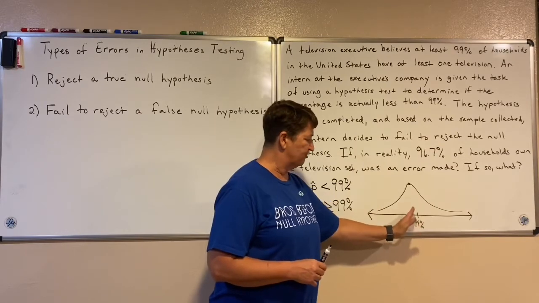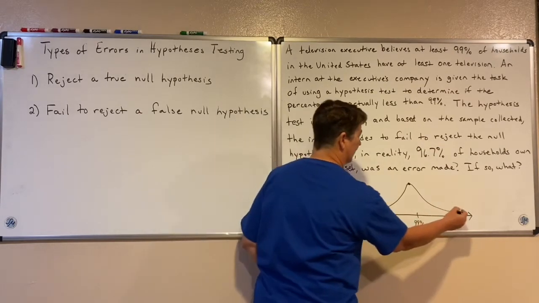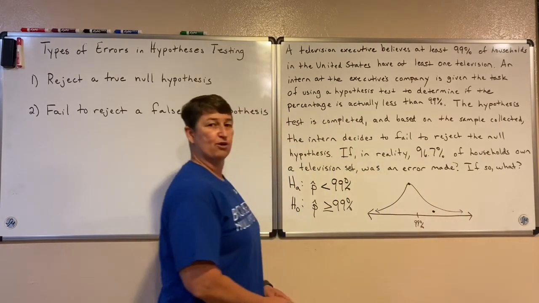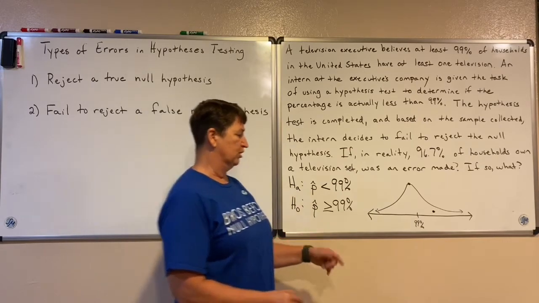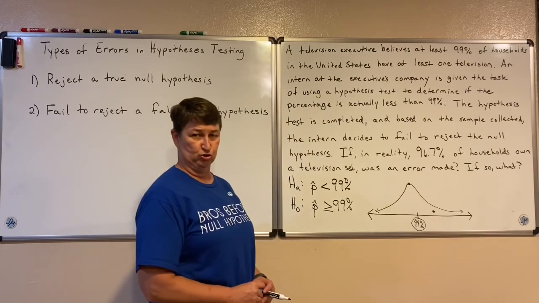So if we're failing to reject it, that means that when we got our statistic, it's somewhere close enough in there so that we don't reject the null. We go, hey, maybe it's okay. We don't have enough evidence to show that that's not true.